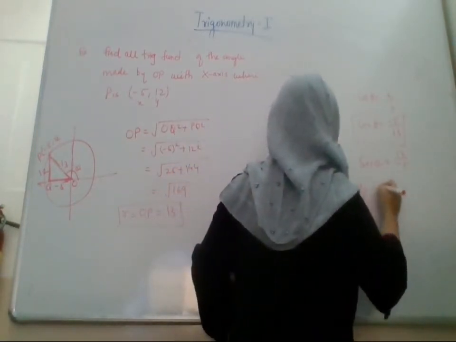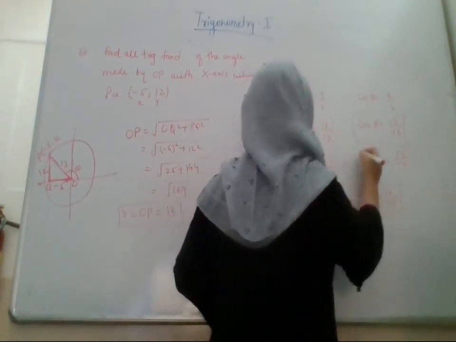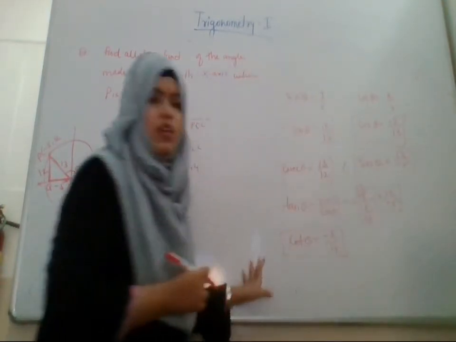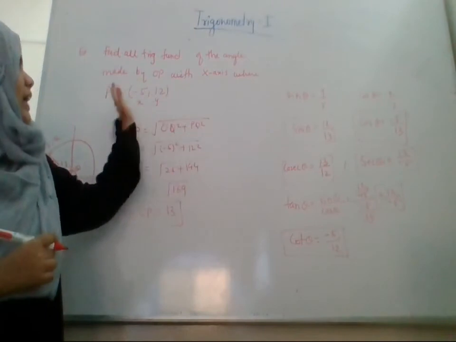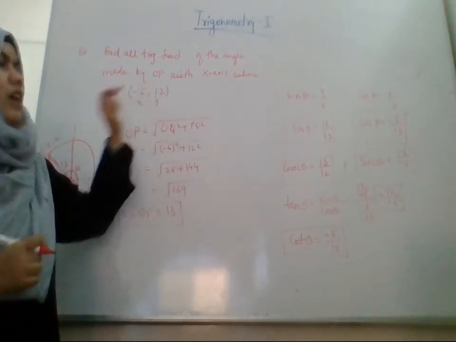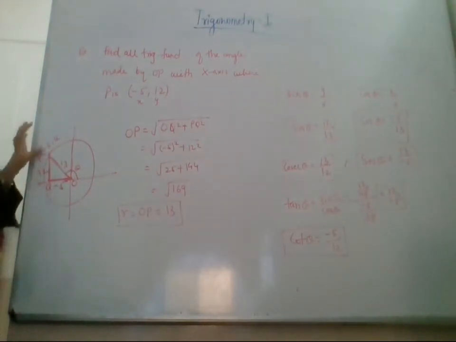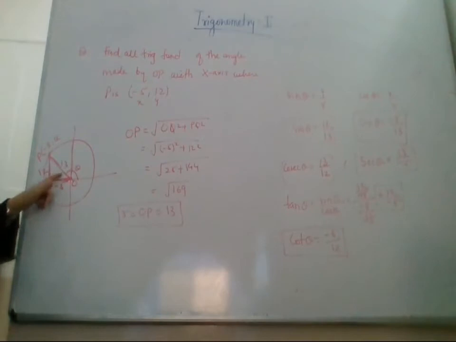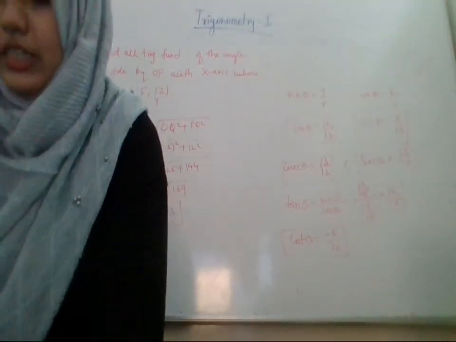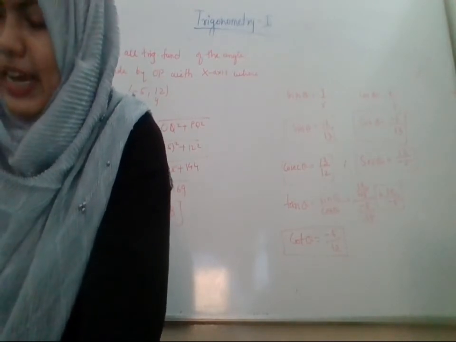Okay. So these are all the trigonometric ratios of the angle made by point P minus 5 and 12 with the x-axis. So here there is a point P making an angle theta. And so on. So you can solve such types of problems from your exercise 2.1.